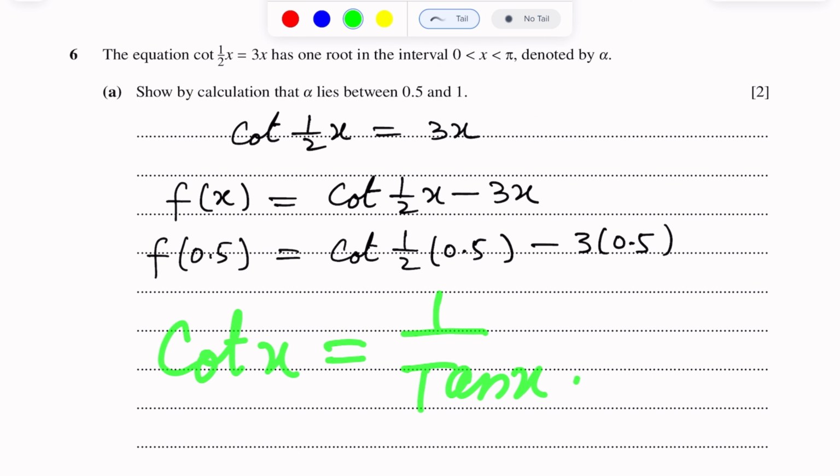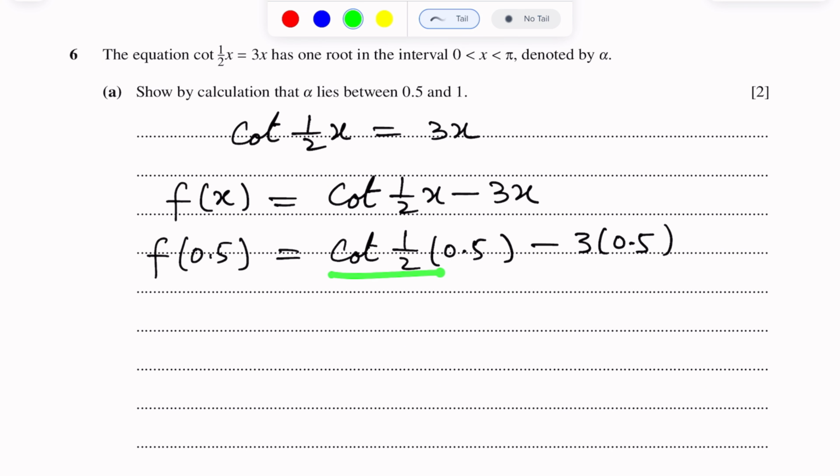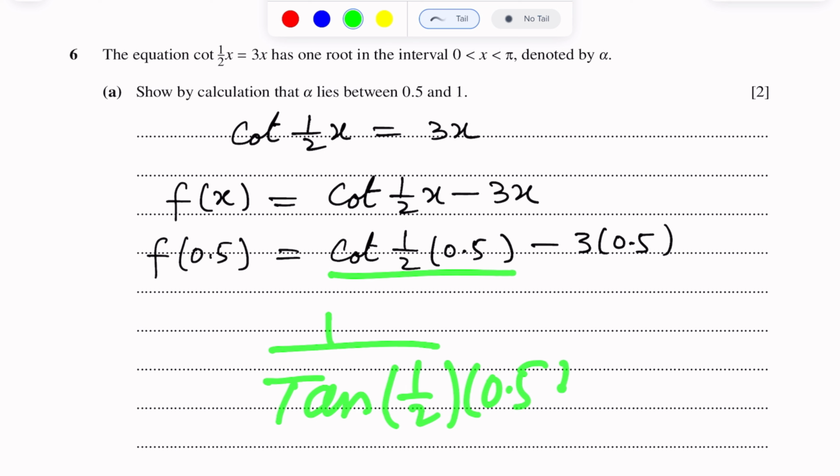because there is no key of cot x on the calculator, we can convert it into tan x. So we can write it as 1 over tan(1/2 times 0.5).